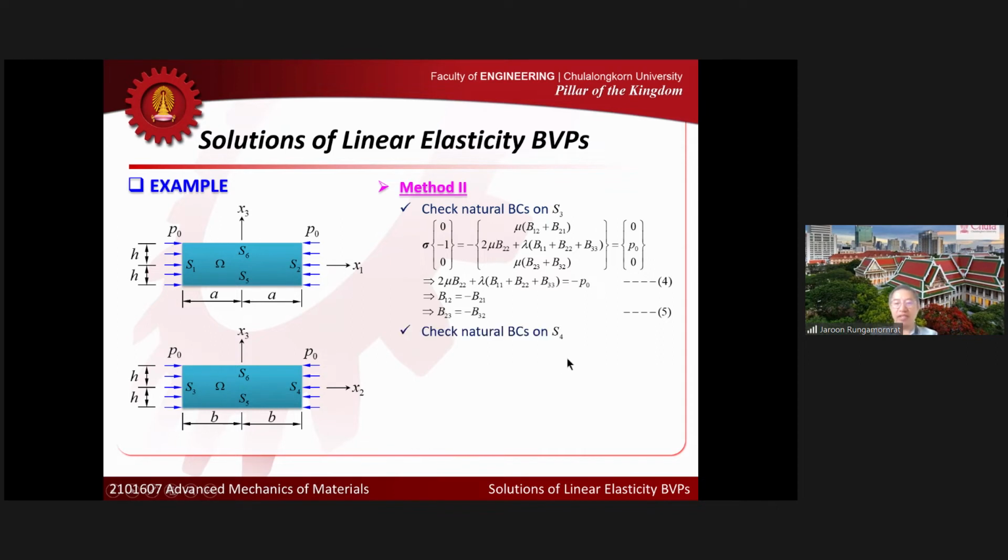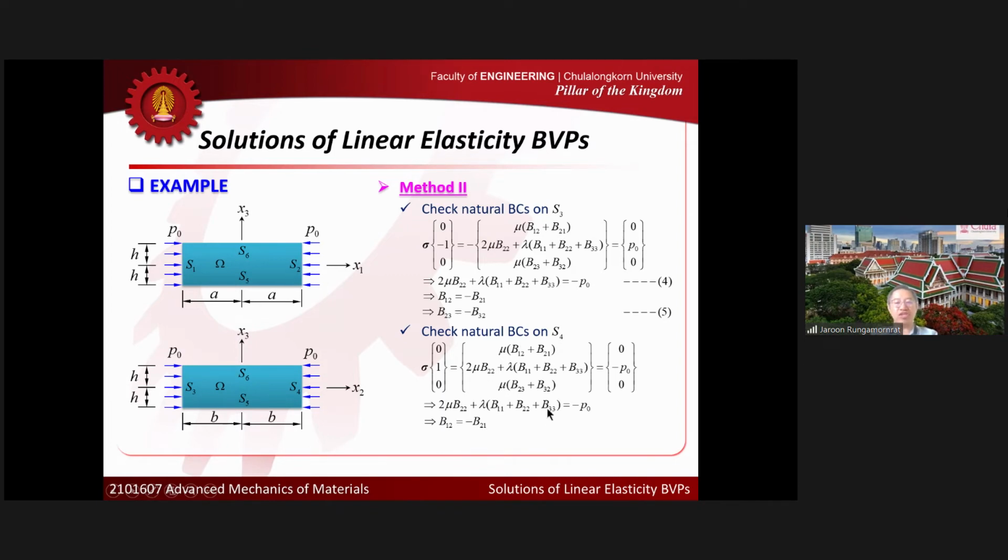Now I look at the surface S4. Okay, I change the outward unit normal vector to 0, 1, 0, because on that surface, the outward unit normal vector is pointing in the x2 direction. So you can see that we end up with a condition similar to the previous one, except that we have the negative sign here, but the negative sign can move to the right-hand side. Now, the condition here and that condition are identical, right?